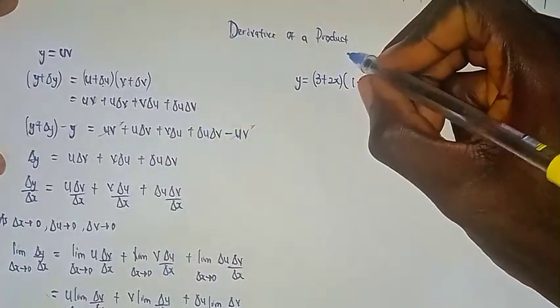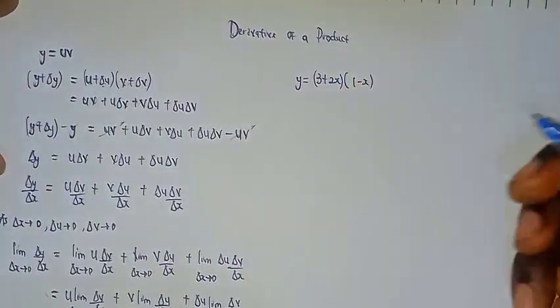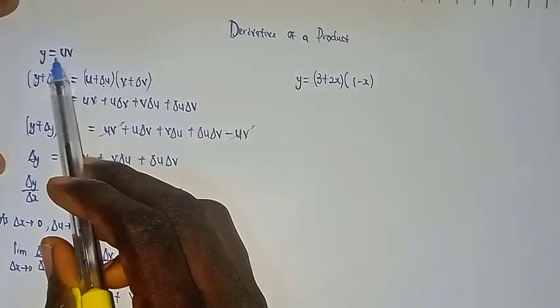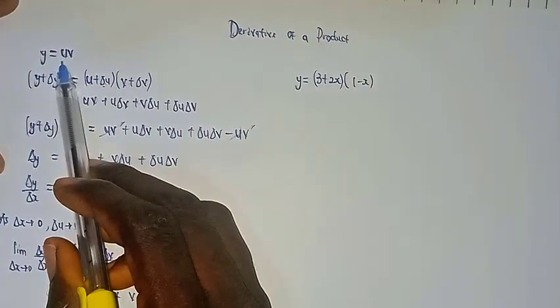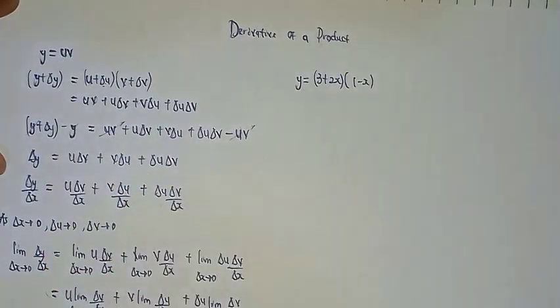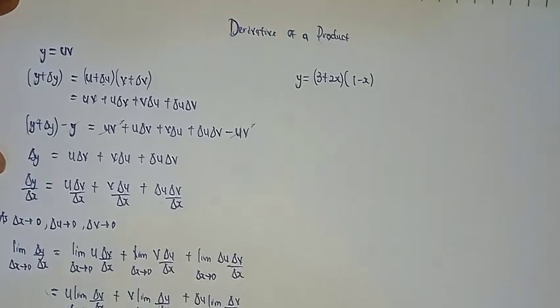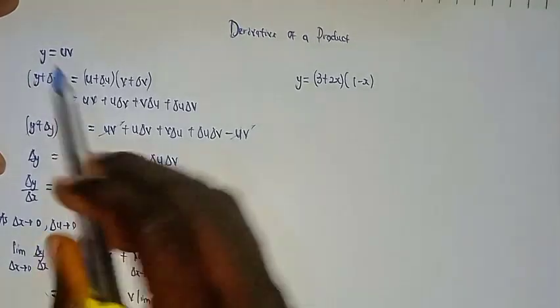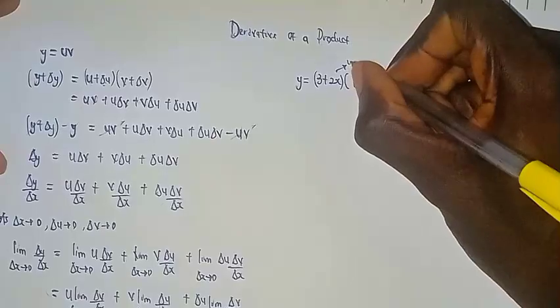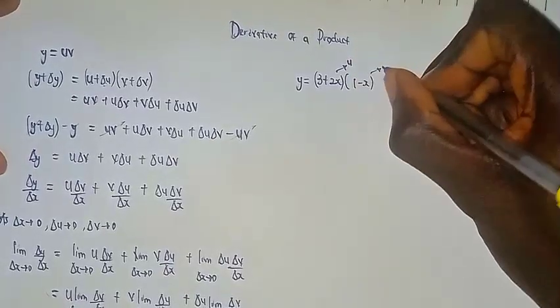So this is our u from our function that we used in getting our product rule differentiation formula. This is our u, and then this is our v.